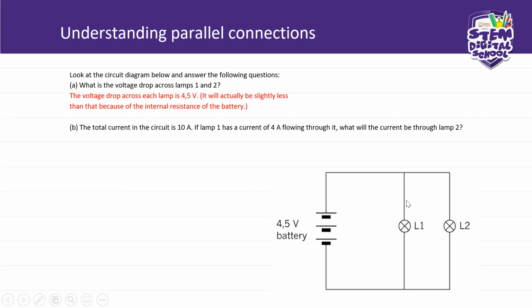Each one of these 2 lamps will be getting 4.5 volts from the battery. So you will be getting an output to the value of 4.5 volts in this lamp 1, and the same here, because they are not sharing like the ones in the series connection.